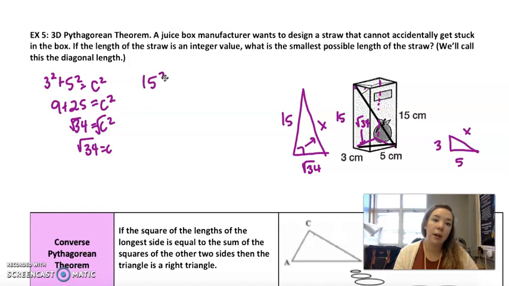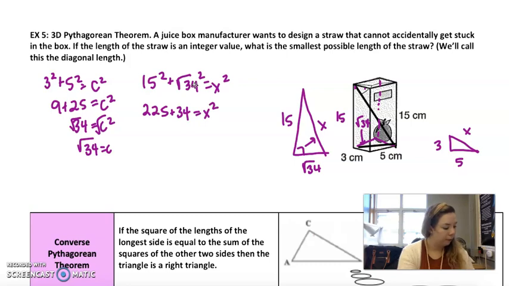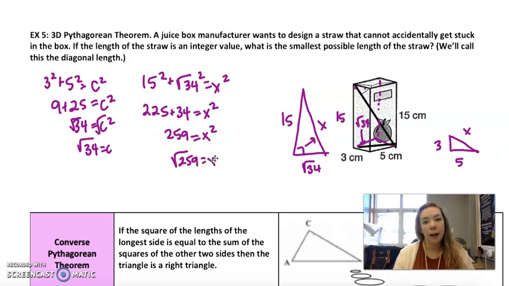So I have 15 squared plus root 34 squared equals x squared. So I have 225 plus 34 is 259. And it looks like that doesn't simplify, surprisingly. So root 259 would be our final answer there for x.